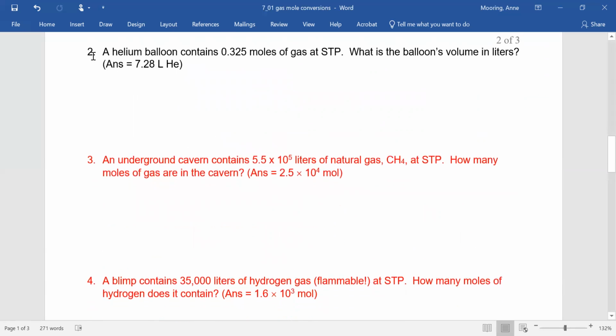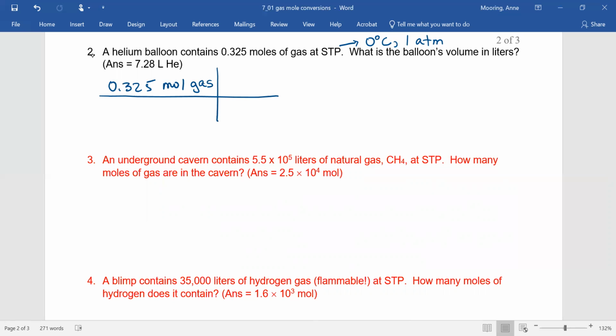A helium balloon contains 0.325 moles of gas at STP. What is the balloon's volume in liters? Remember that STP means 0 degrees Celsius and exactly 1 atmosphere, abbreviated ATM. So we start with the 0.325 moles. And in this case, it's a gas. We don't specify which gas.